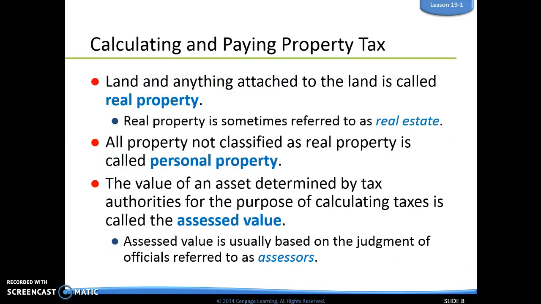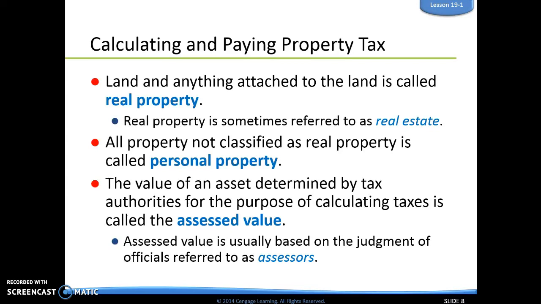Okay, so some more definitions. Real property, or a lot of times what we're going to hear it called, would be real estate. That's any land or anything that's attached to that land. Personal property is all property that is not classified as real property. So the house would be real estate, but anything that's in that house would be personal property.